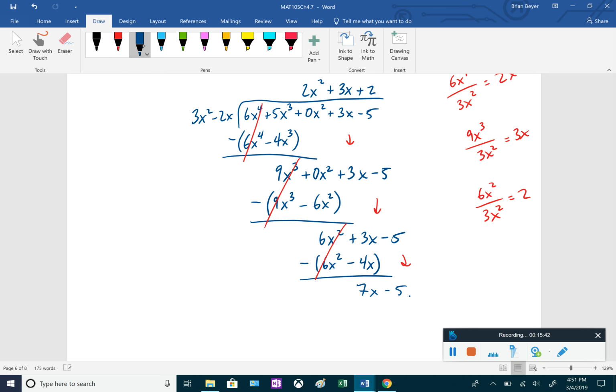So we know we have to stop right here because the remainder is degree 1. It's 7x, x to the first power. That's less than the degree of the divisor, which was degree 2.